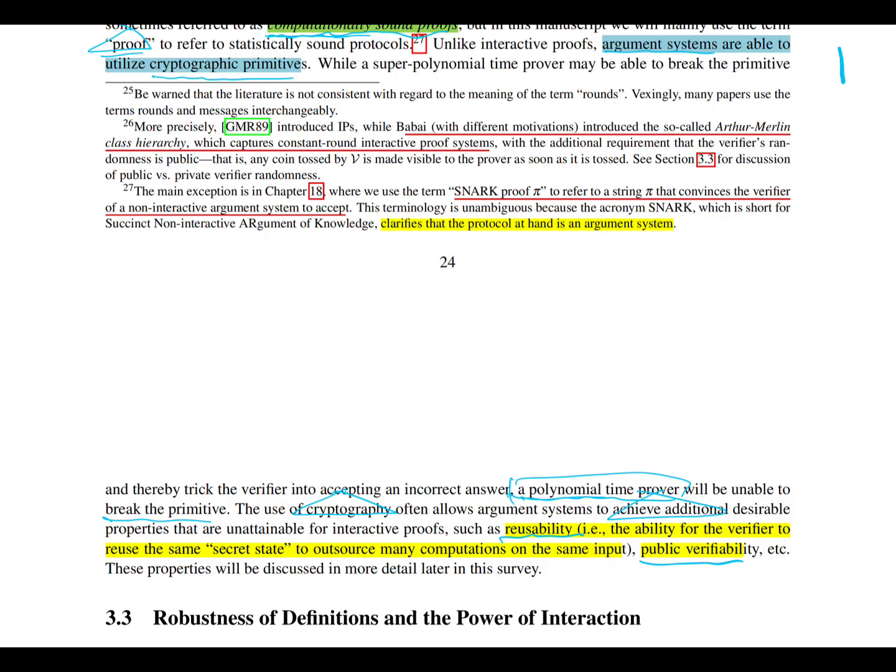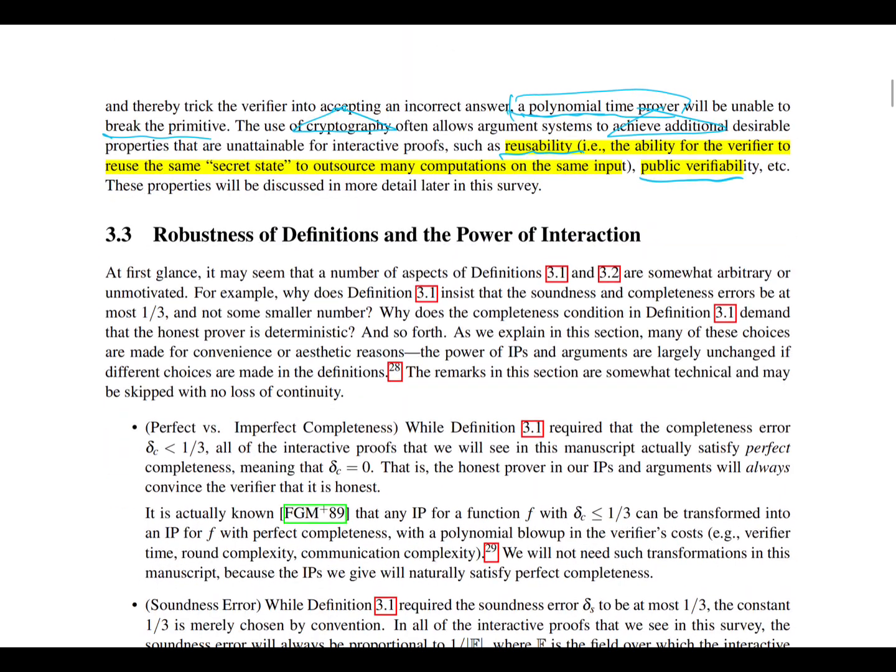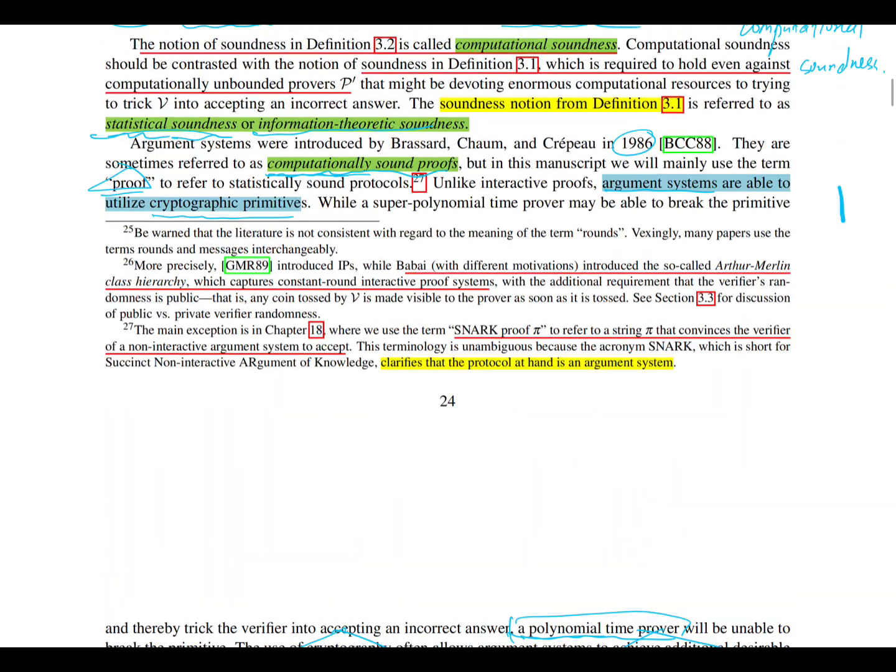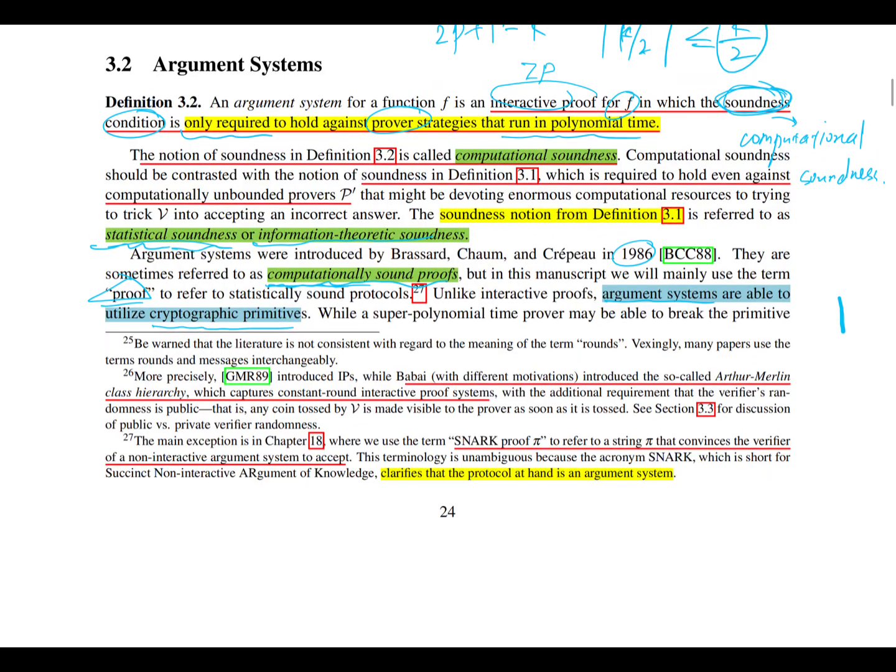We will not talk about this here. Okay, so this is the introduction we need to learn.